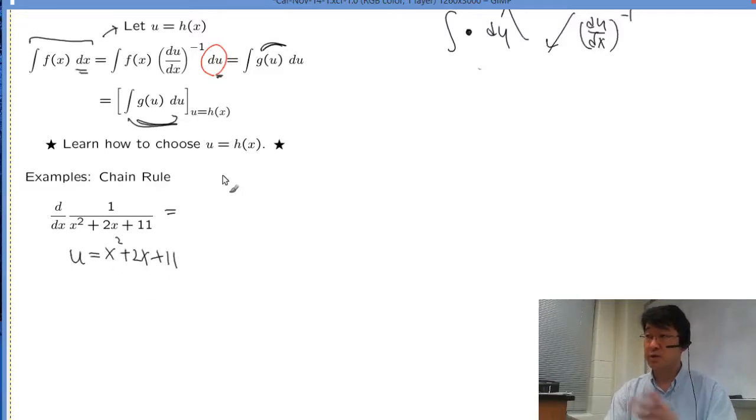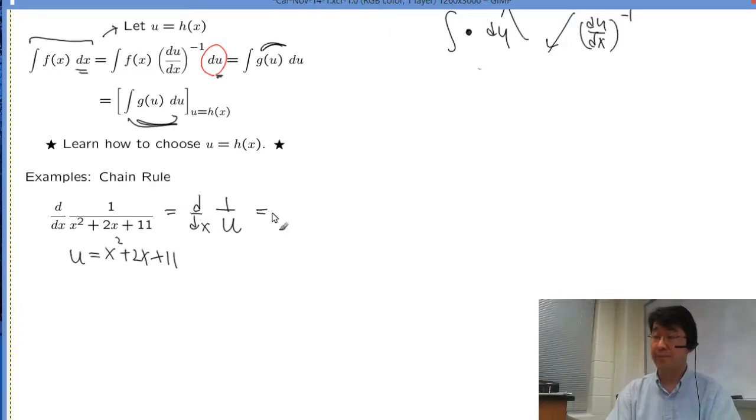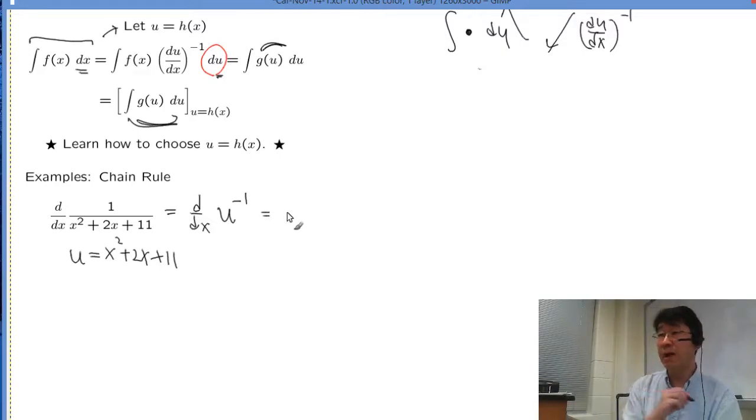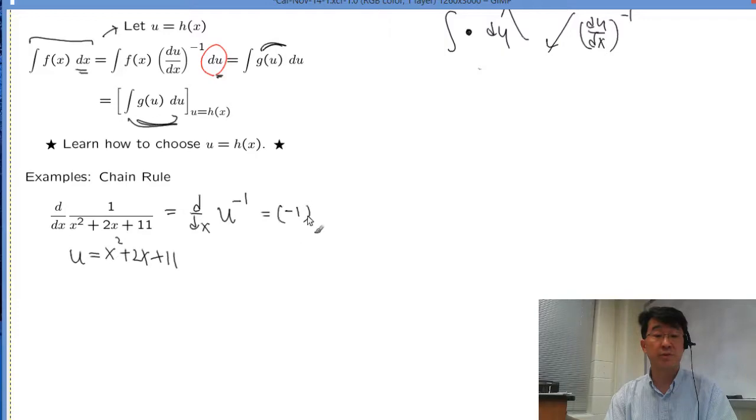Good. So when you're differentiating it, this is d/dx of 1 over u. Or you could write it as u to the negative 1 so that you can differentiate it easily, right? The power rule. So negative 1 comes down. u to the negative 2, I subtract 1 from the exponent.